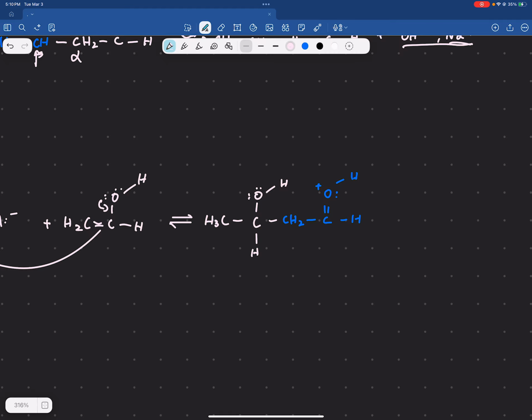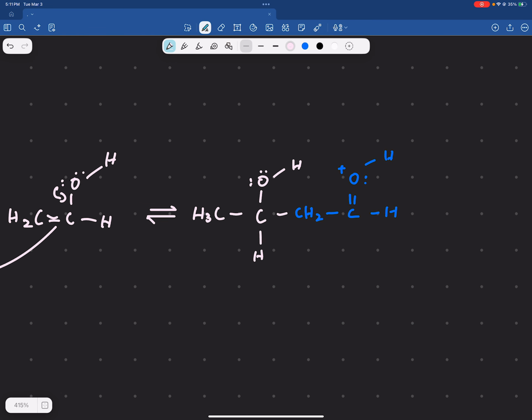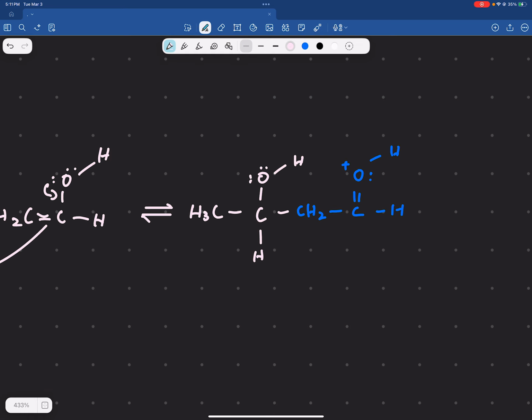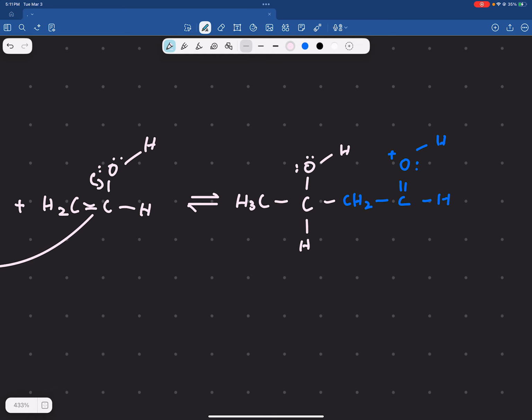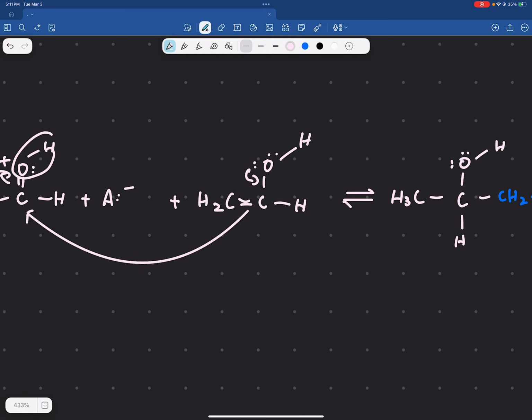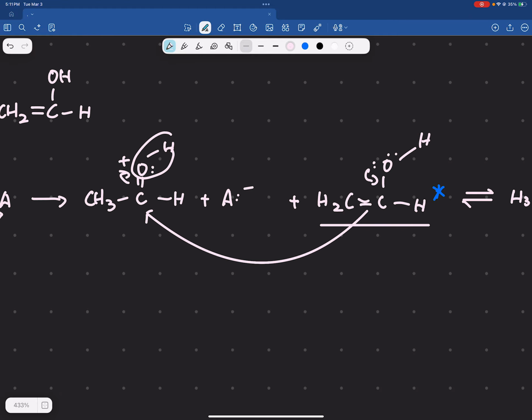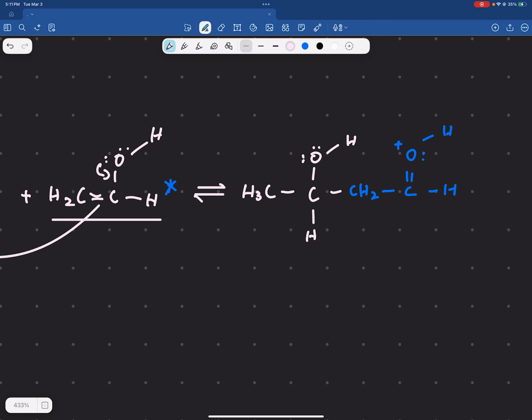So as you can see, this forms our product intermediate. So the blue part comes from here, and the pink part comes from this first molecule there.